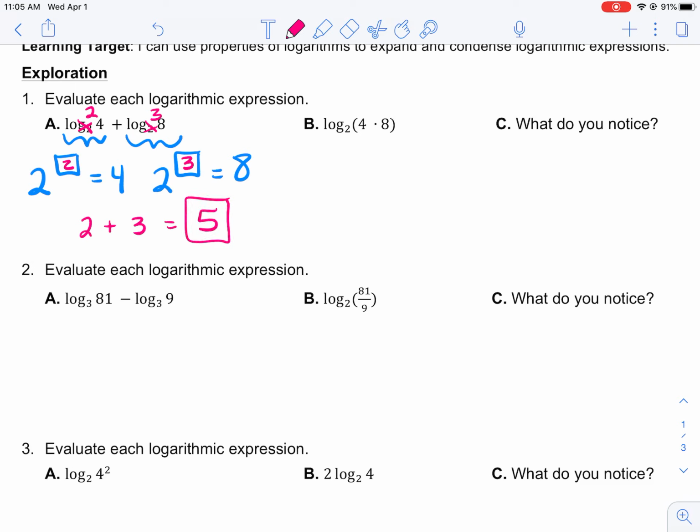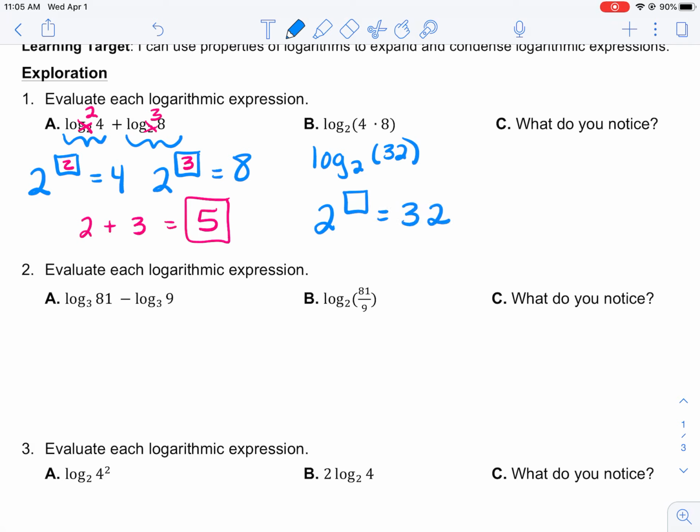So we just evaluated each log individually and then we added the expressions. For part B, it says find log base 2 of 4 times 8. Well, we know that 4 times 8 is 32. So I'm going to start by saying this is log base 2 of 32. So 2 to what power equals 32?